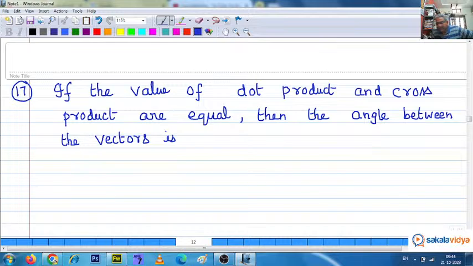Is it clear? Okay. So here's the hint. For example, two vectors are like this. A dot B is equal to AB cos theta.